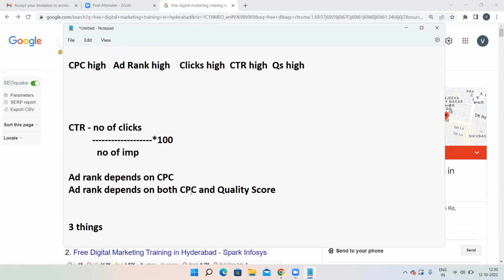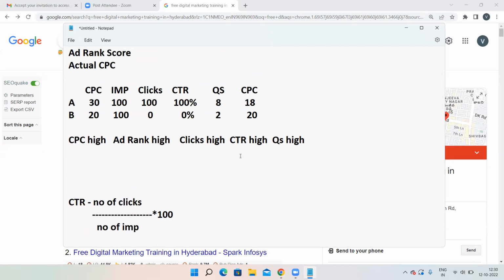Ad rank still depends on both CPC and quality score. So money is also a very important factor. Your CPC is also a very important factor. So whenever you're running campaigns, go with high CPC. Once your CPC is high, your ad rank also will be a little bit high.